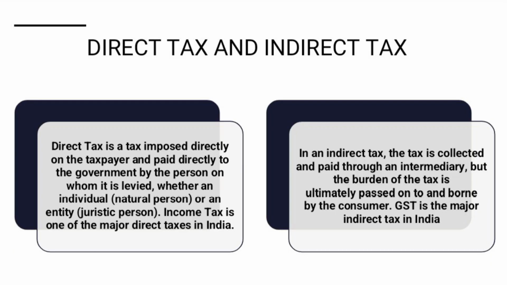Means in case of direct tax, while we file our return, we pay the tax to the government directly. Suppose when we are filing our IT returns, we directly pay the tax to the government. Okay. But in case of indirect tax, the tax is collected and paid through an intermediary.